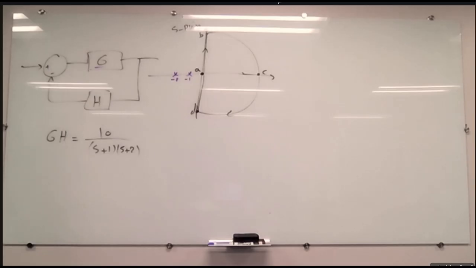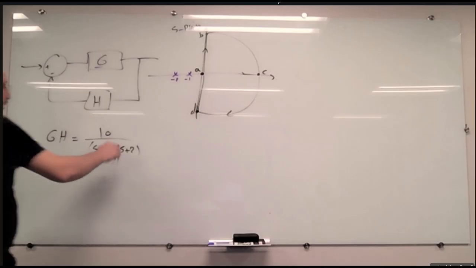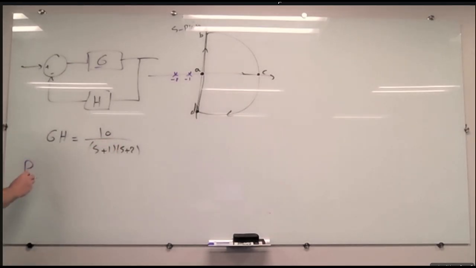Correct? Is that good? So that means the P that we define as the number of poles of the open loop circuit on the right hand side is 0. Are we good so far? We don't have any pole in this example on the right hand side of the S domain, so this is 0.